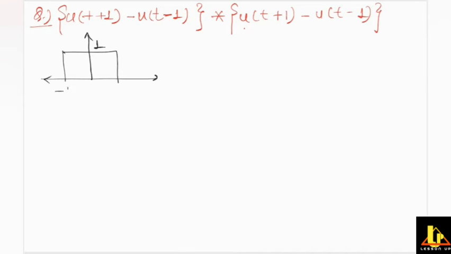Magnitude will be 1 from minus 1 to 1. If we convolve this with the same signal, that is magnitude 1 from minus 1 to 1, then you will not get a trapezoidal, but you will get a triangular signal.